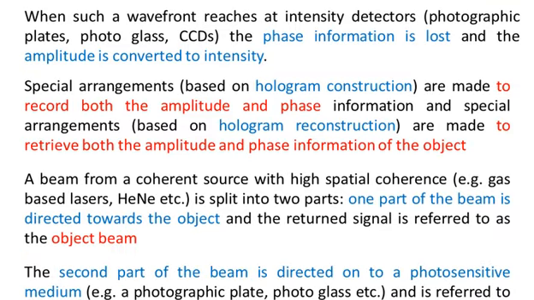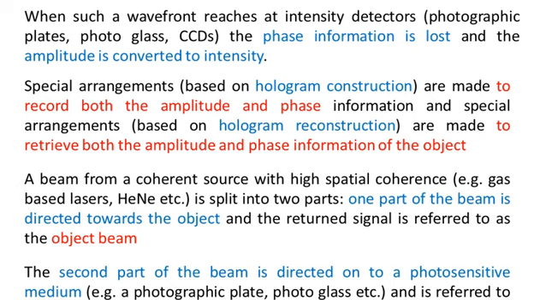Special arrangements based on hologram construction are made to record both the amplitude and phase information, and special arrangements are made to retrieve both the amplitude and phase information of the object.